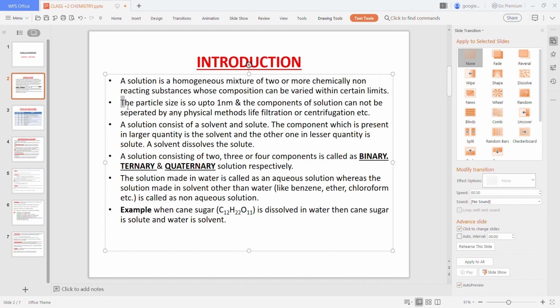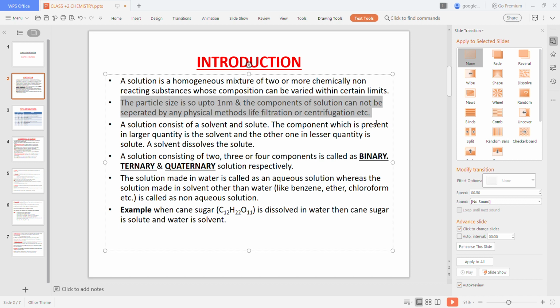Now the particle size in the solution: the particles are very minute. The diameter is up to 1 nanometer. So the particles are so small that they are not visible even under a high power microscope.